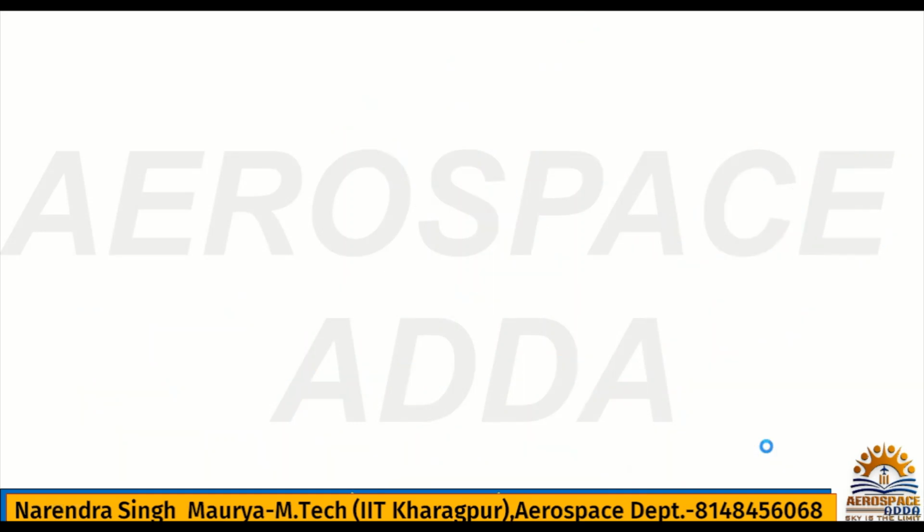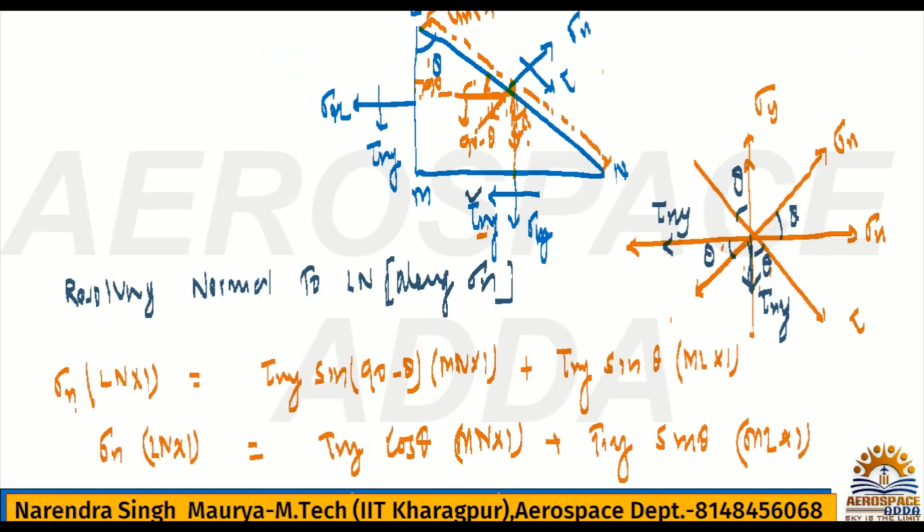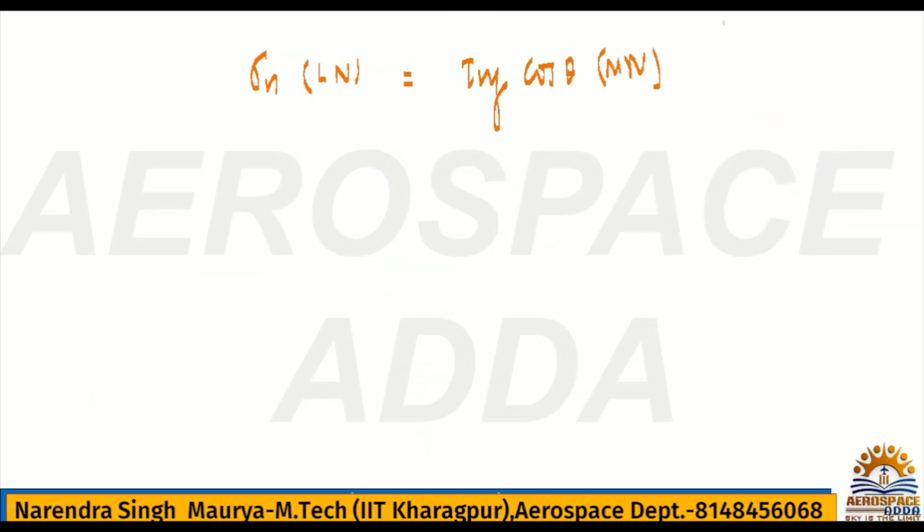So ultimately sigma n ln is equal to tau xy cos theta mn plus tau xy sine theta ml.